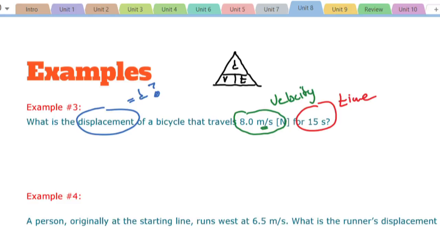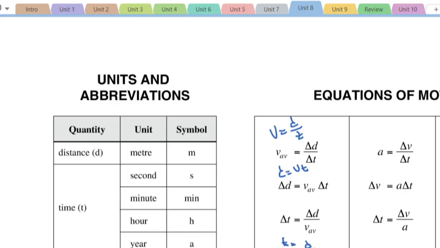So what can I do? Well, I can look at my formula sheet and find a formula that already has displacement solved. I'm looking for D equals, because that's what I'm trying to find, so I could isolate my variable. I can see right here, this second equation already has D isolated by itself.